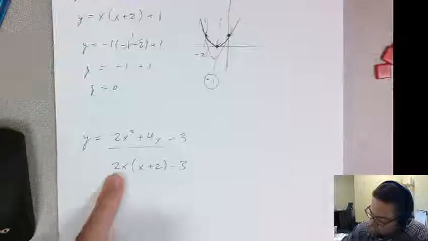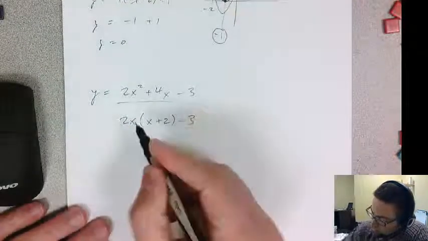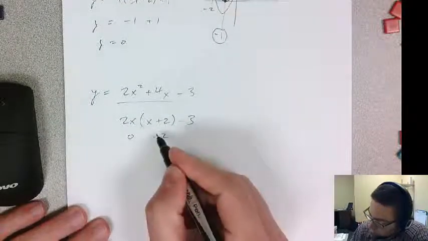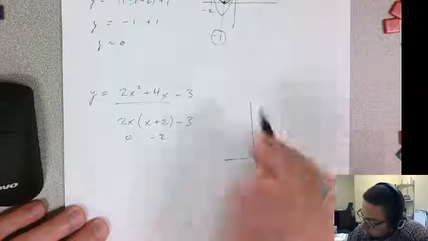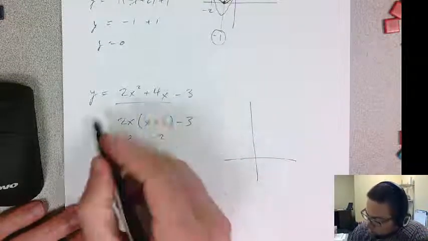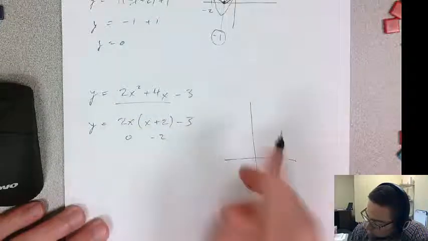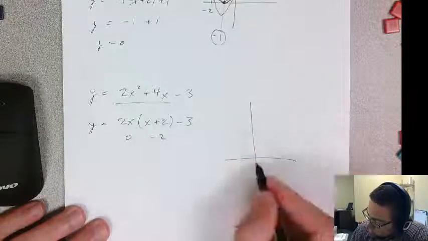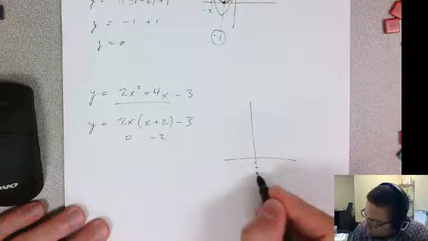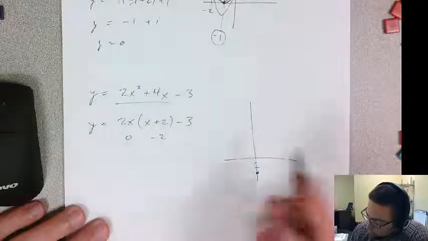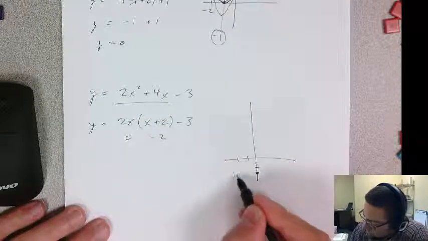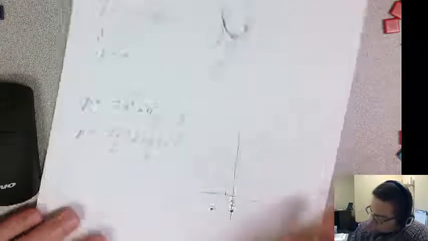Now interesting x values would be 0 and negative 2, which would make these 0. So when x is 0, my y value is negative 3. And when x is negative 2, my y value is also negative 3.